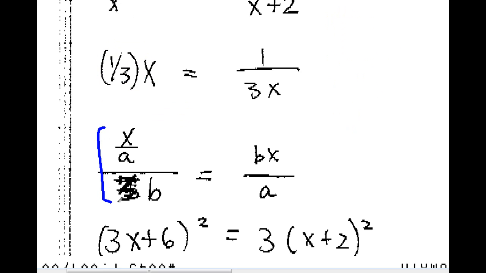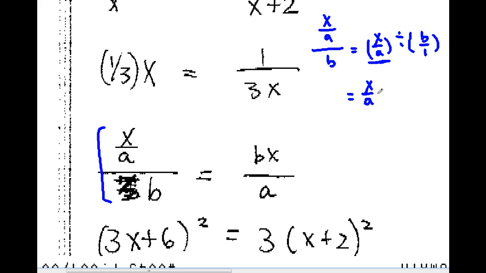Okay, let's see what's wrong with this problem. When you have two fractions that are dividing, this is a fraction, this is a fraction. One thing you can do, once again, is to write it into a form that's easy to keep track of. This b really is b over 1. So our rule says keep the first fraction, change this one into multiplication, and then do the reciprocal of this one.